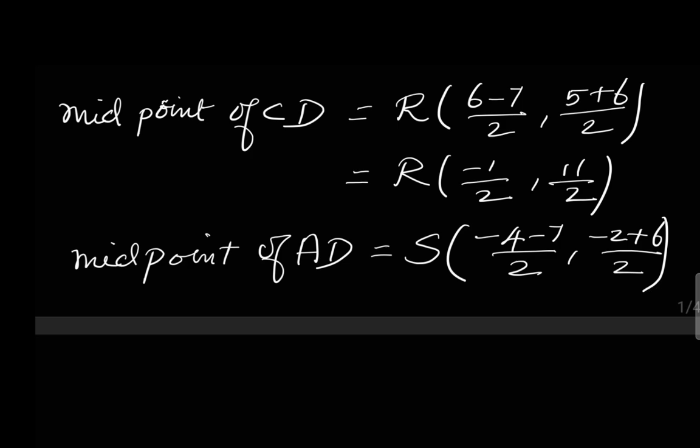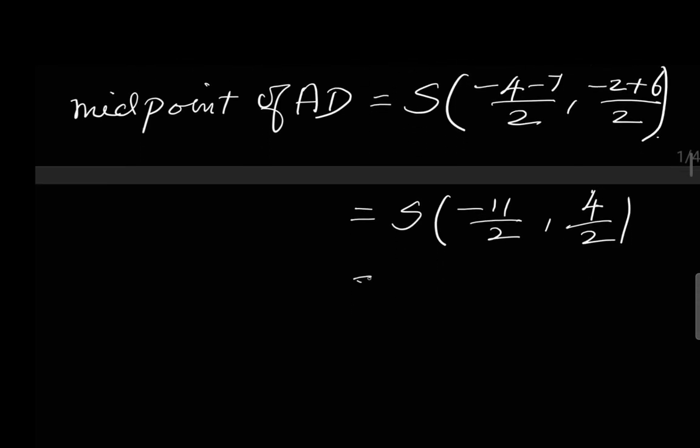So S is minus 11 by 2, then minus 2 plus 6 is 4 by 2. That is, S is minus 11 by 2, comma, 4 by 2 is 2.